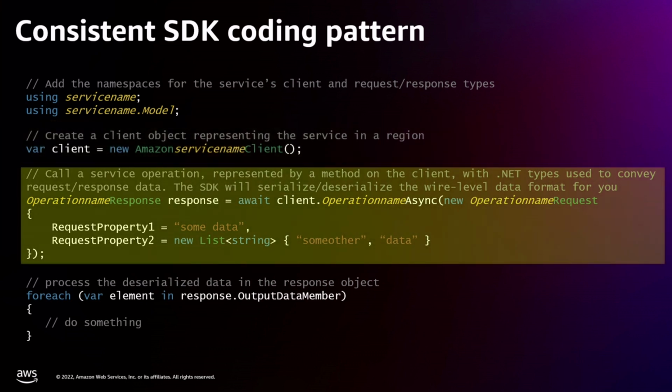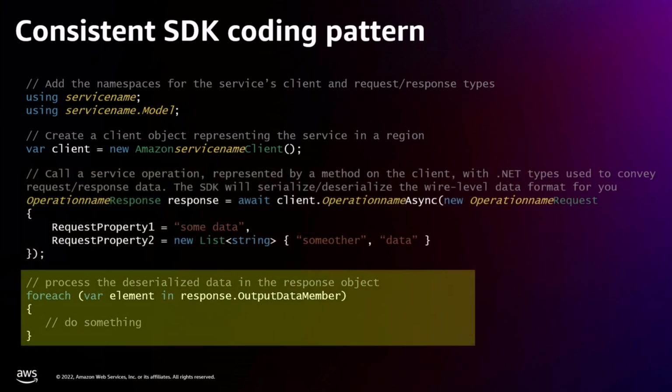When you construct the request, so you create a request object, and again, it's typed object. You get all the help from your development environment like IntelliSense, autocomplete. So you create a request, and you call the operation on a service method of a client. And then you get a response back. And then it's up to you as a developer to how you treat this response. Maybe you display something to user, maybe you do some further processing.